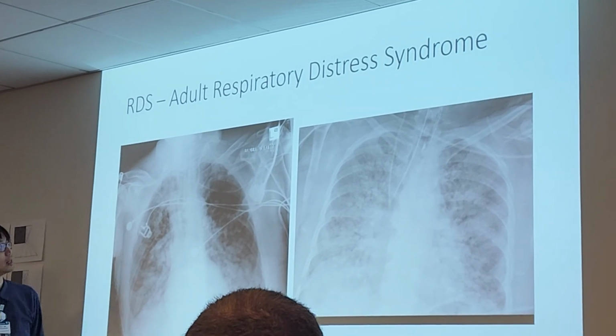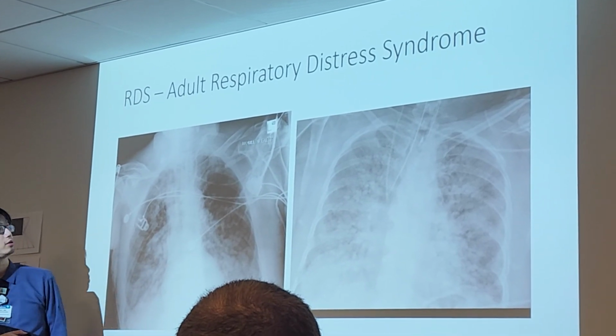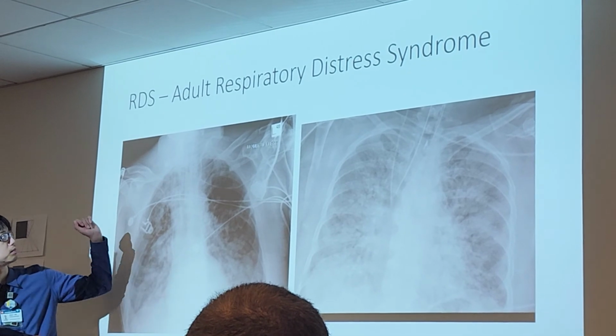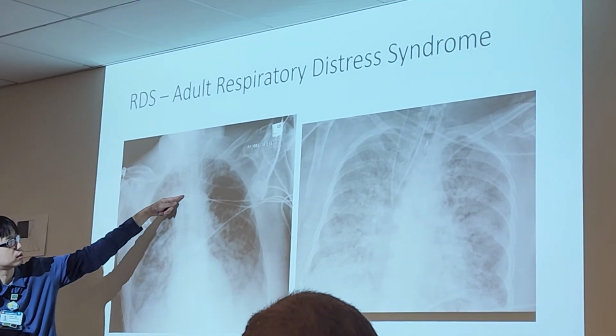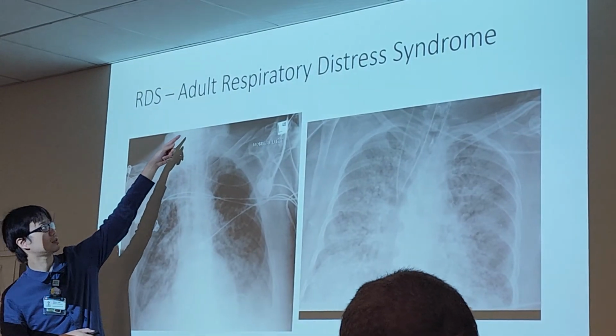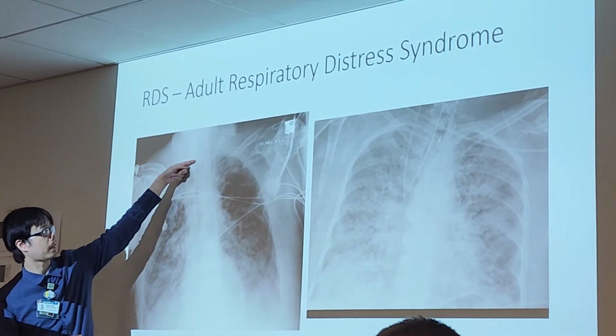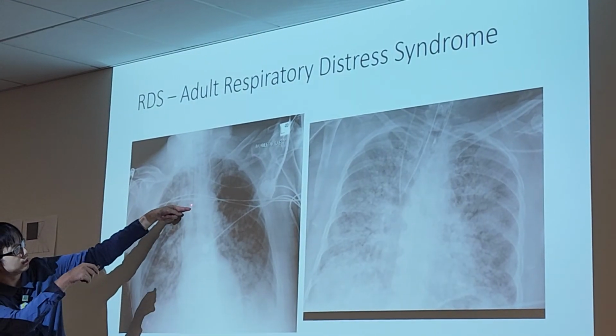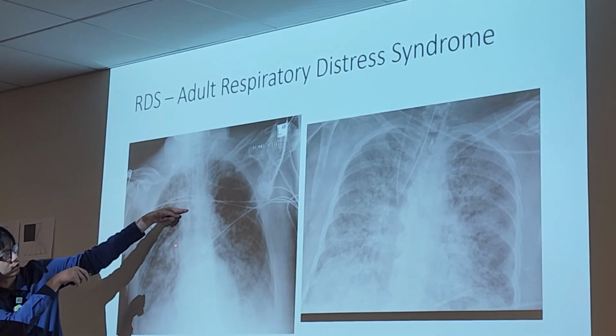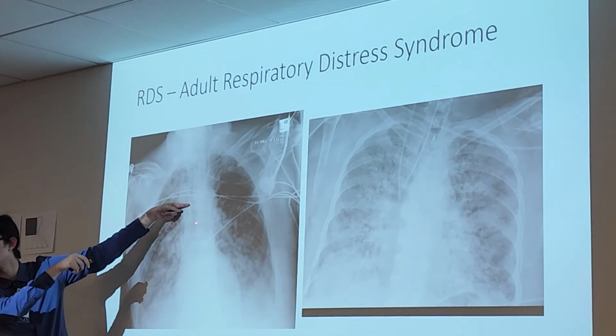It might be tough to see, but do you see this tube right here? It starts kind of up here, and it goes right down and ends right here. There's the tip of the tube. And then just a bit lower, you have the carina right here. Are you able to see that?